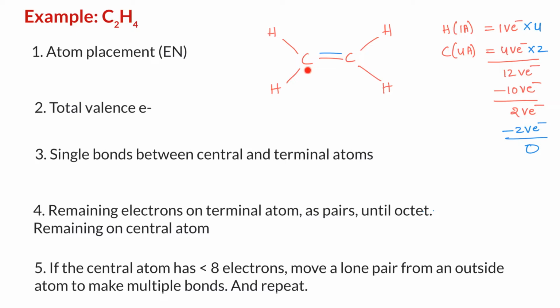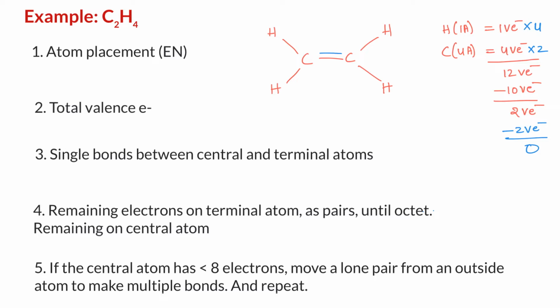The other carbon which got a new bond now has 2 extra electrons than before. If you count the total number of valence electrons around this carbon, now it has 4 bond pairs, that means 8 valence electrons.